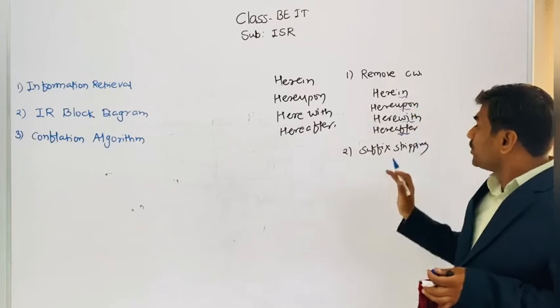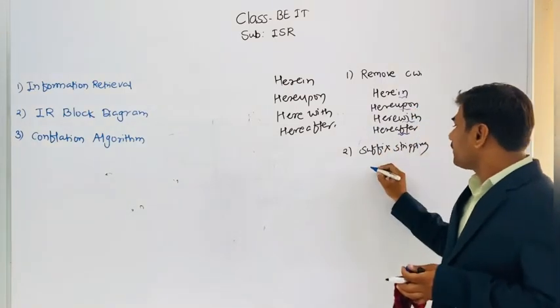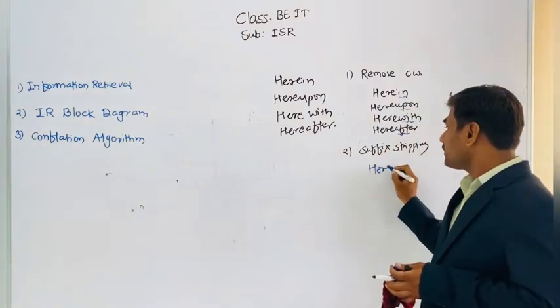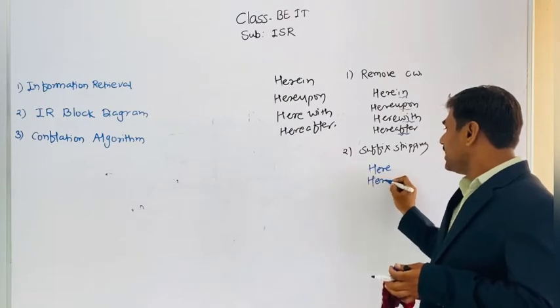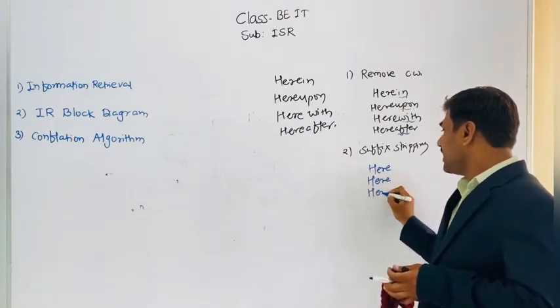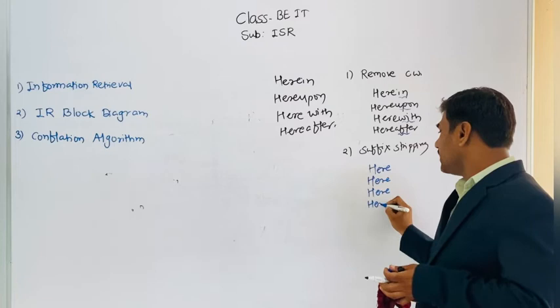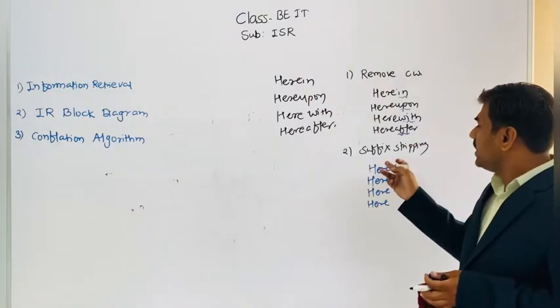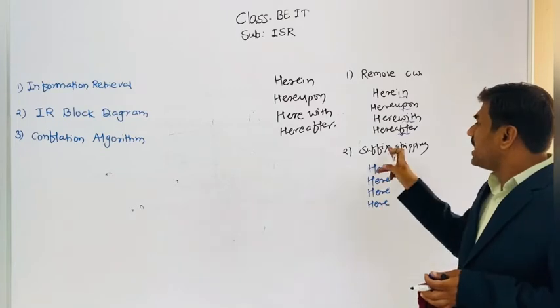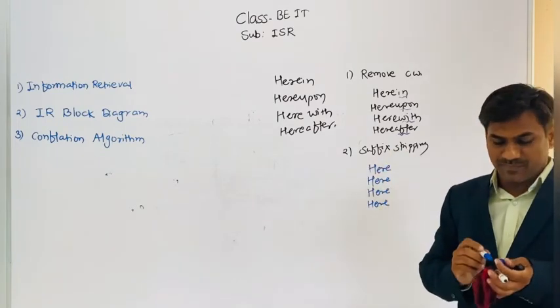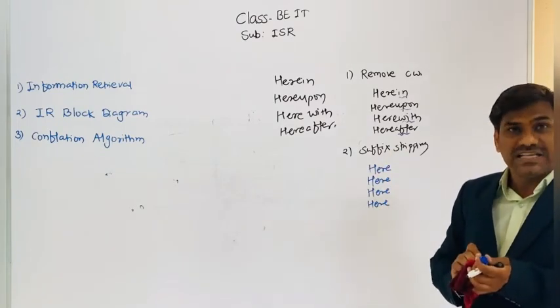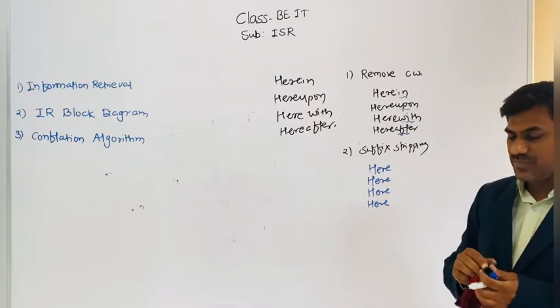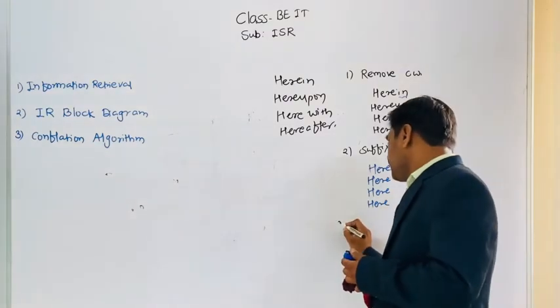The final output of our suffix stripping will be here, second time again here, third time again here, and last time again here. So all four times we are getting here, here, here, here as the output of our suffix stripping.